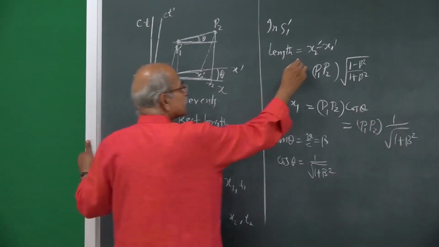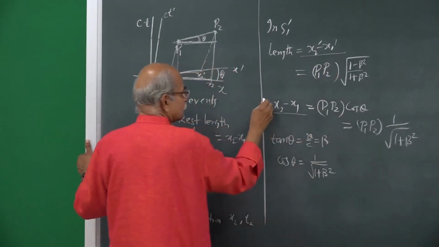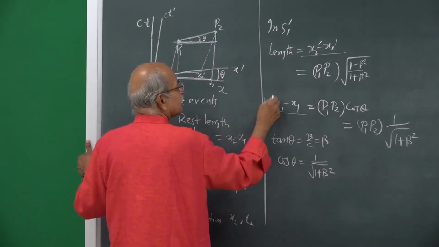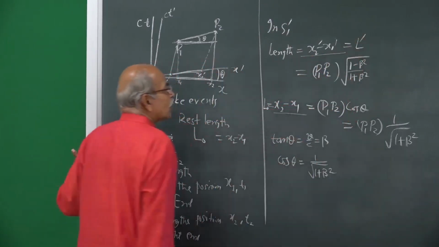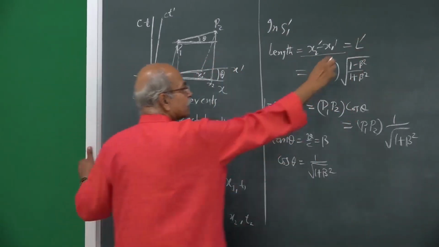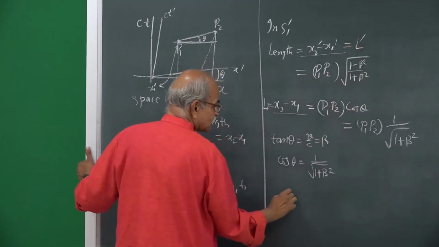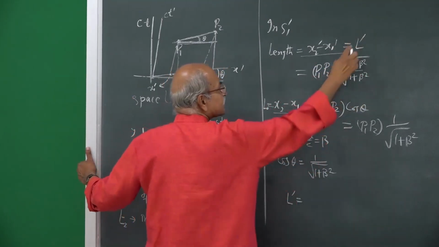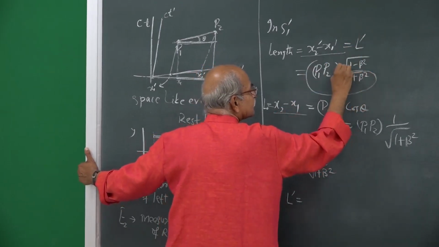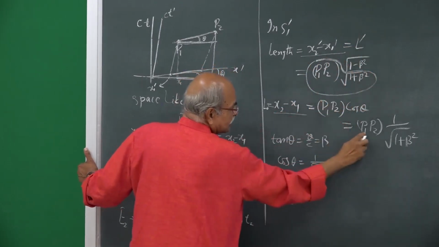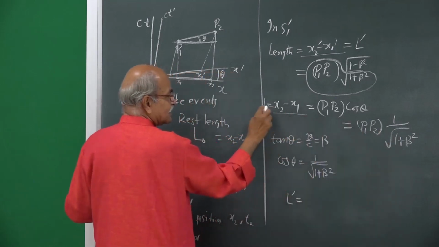And now compare this length and this length. This is your rest length L naught, and this is your moving length L prime. So now we compare: this L prime is equal to this quantity here, which is x2 minus x1, which is L naught.